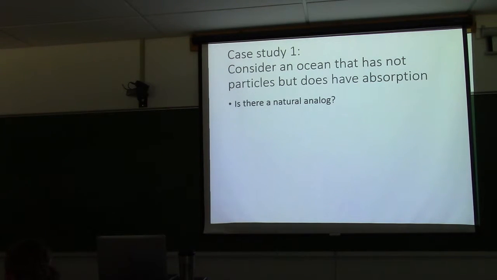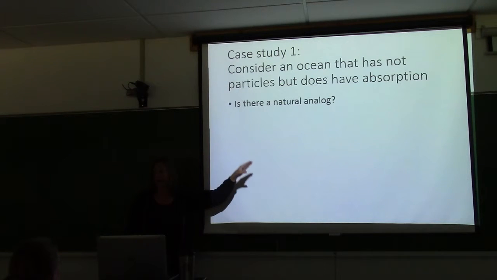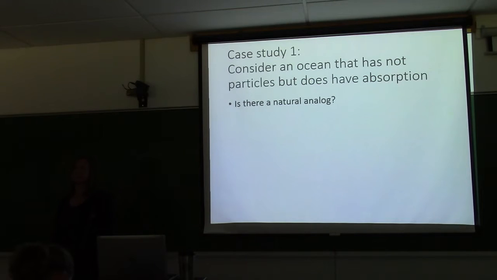You are right on track for the actual ocean. I'm giving you an ocean that has no particles and does have absorption. Imagine it absorbs all wavelengths equally. No scattering, only absorption. Yes. Deep ocean, it will look dark.